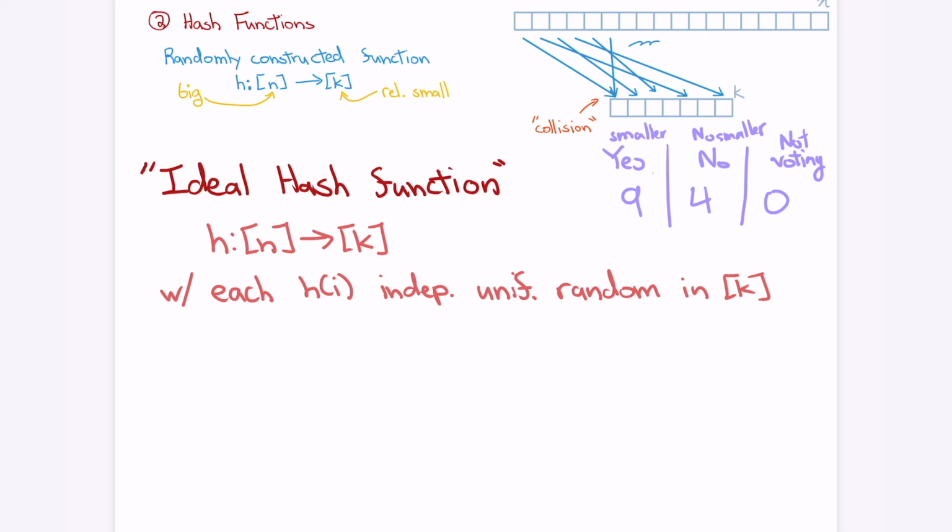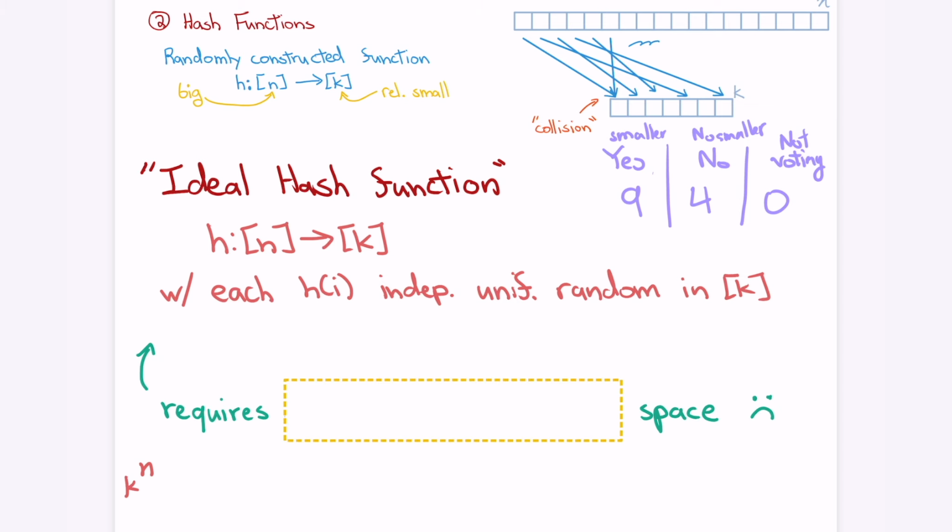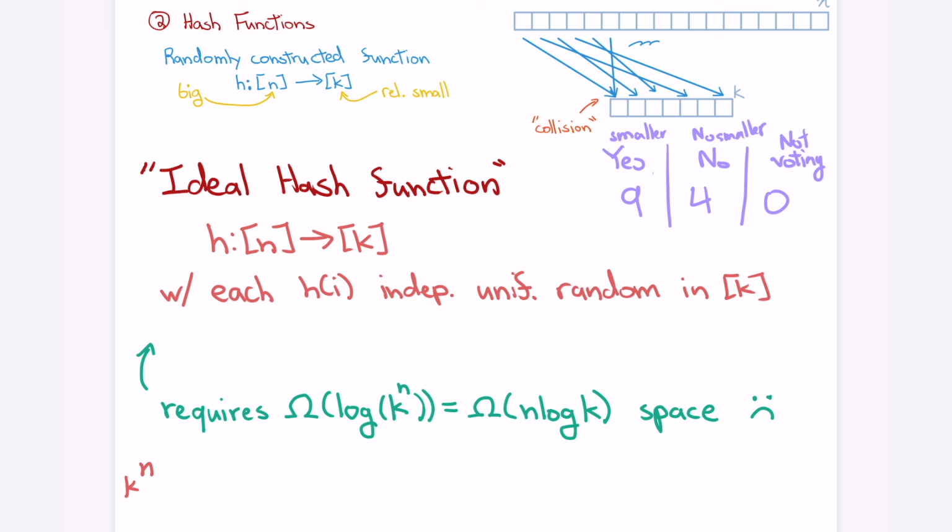Okay, so there's k to the n possible, right? And so you need to be able to write down k to the n different things. So how many bits do you need? The log of that, right? Because every bit string needs to distinguish a different one of these tables. So just taking logs tells you you actually need n log k space.